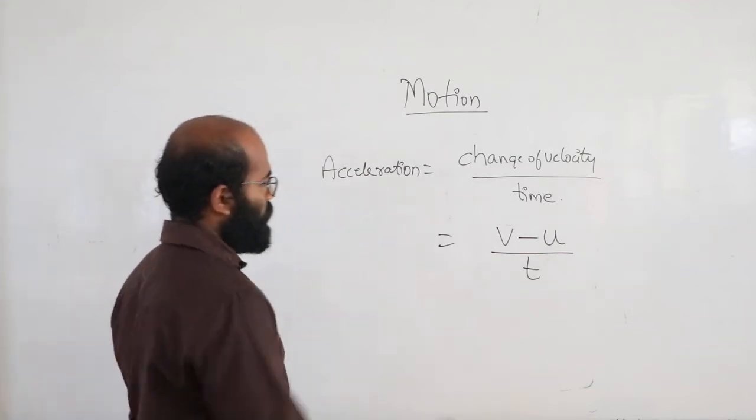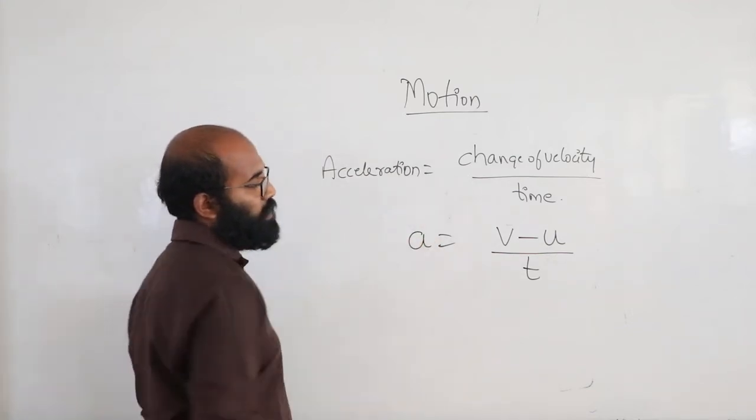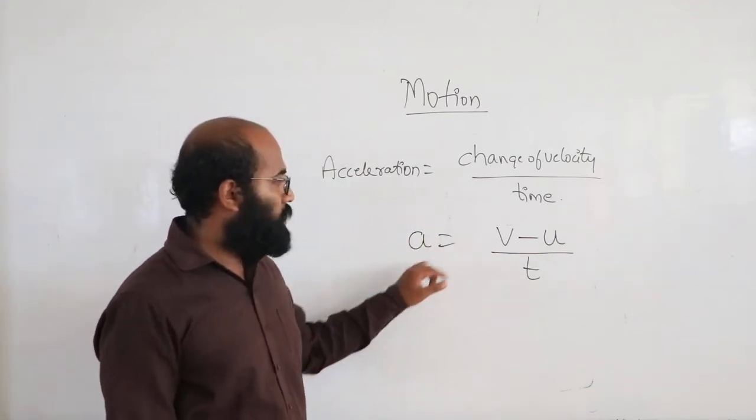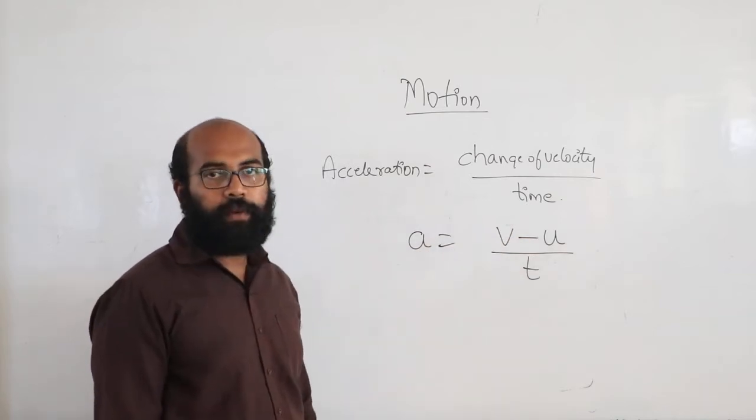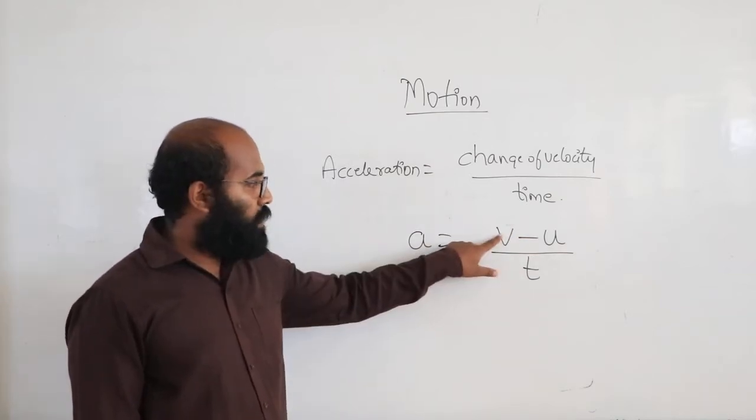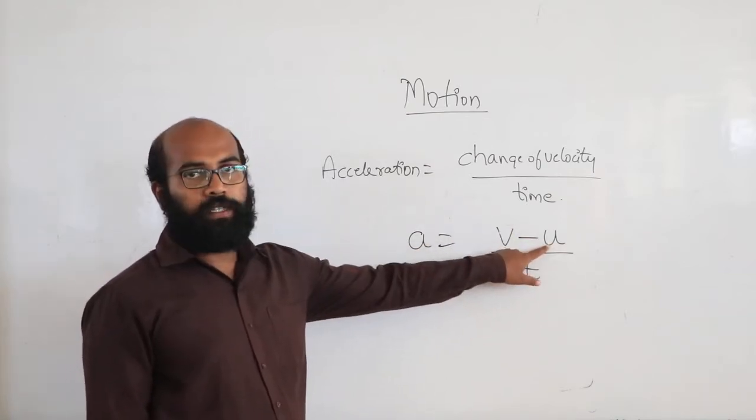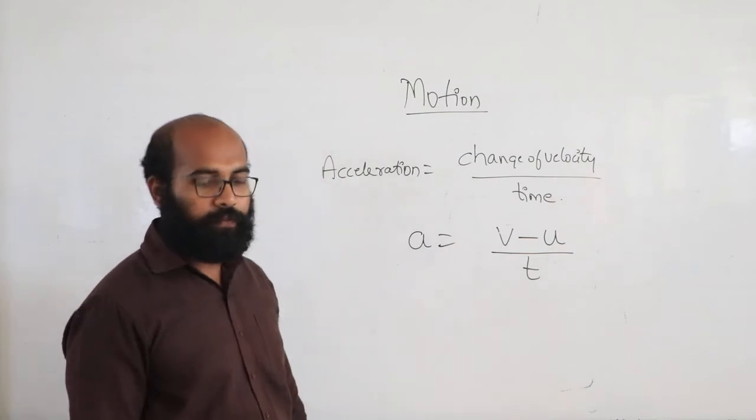This acceleration is represented as a. So a is equal to (v minus u) by t, that is final velocity minus initial velocity divided by time.